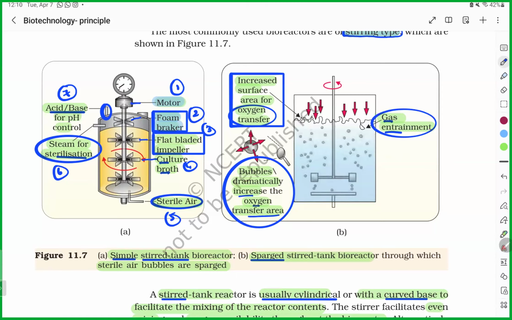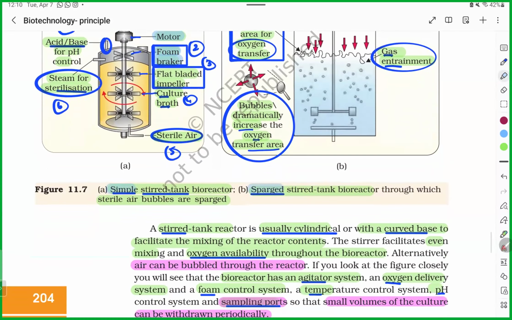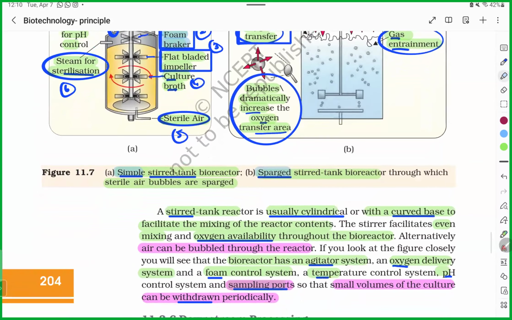Right? The second one is known as sparged type, proper mixing, more oxygen. And this is the simple one. Correct? Sparged means more advanced because sterile air bubbles are sparged in this case.